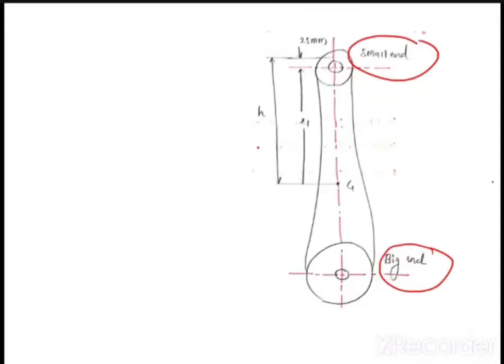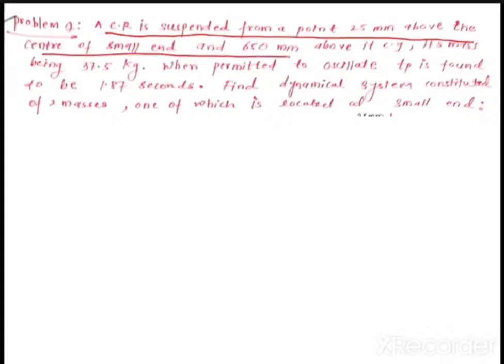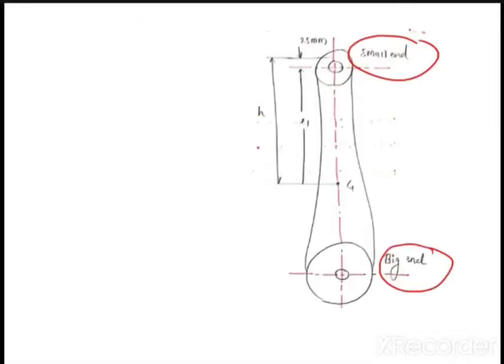Now what they have said, a connecting rod is suspended from a point 25 mm above the center of small end and 650 mm above its CG. याचा अर्थ काय होतो? म्हणजे ह्याचा अर्थ काय की तुमचा हा जो स्मॉल एंड आहे, हा स्मॉल एंडचा तुमचा सेंटर पॉईंट हा O झाला, पण तो ह्या O पॉइंटला सस्पेंडेड नाहीये. तो सस्पेंडेड कुठे आहे? या O पॉइंटच्या वरती 25 mm अबाव. कळलं? या 2 पॉइंट मधलं अंतर किती आहे? 25 mm.